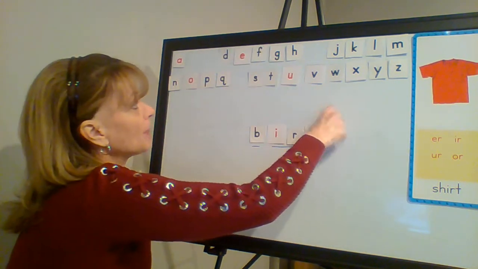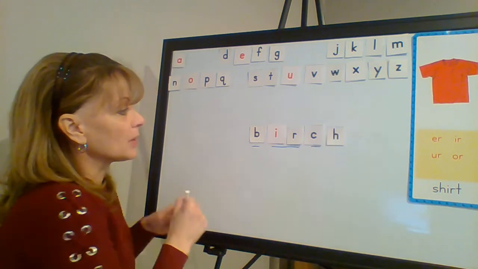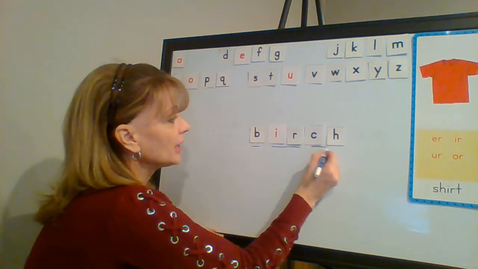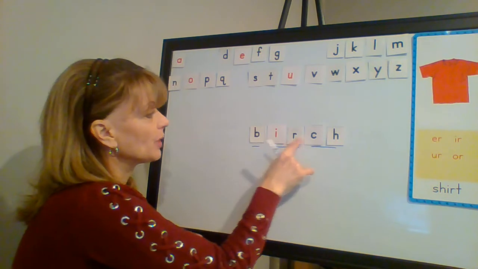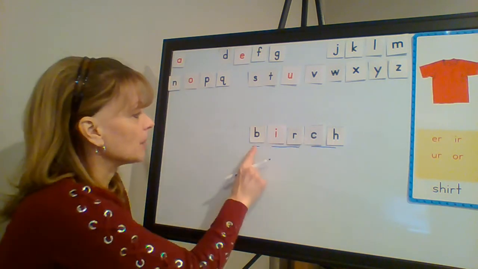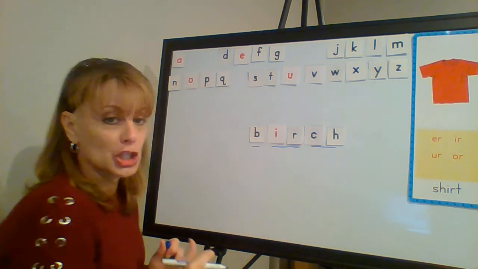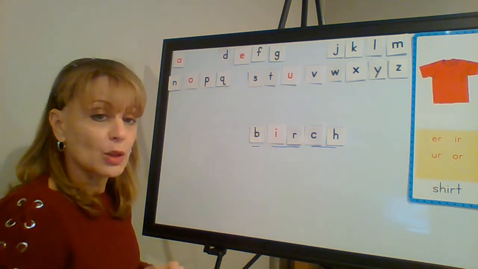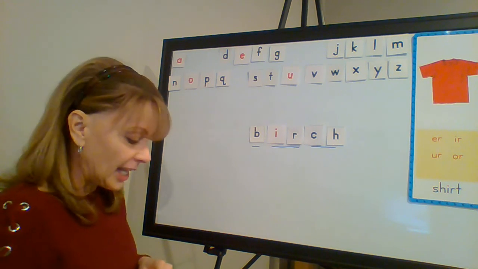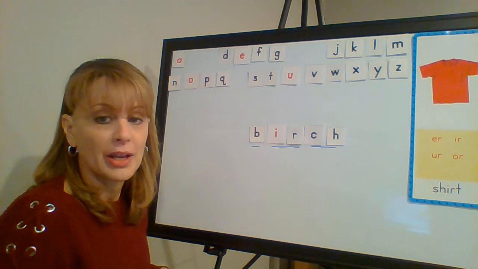Did you remember that it's the C-H that spells birch? And look at this word. We have 1, 2, 3, 4, 5 letters, but we only have 3 phonemes. B-r-ch, birch.